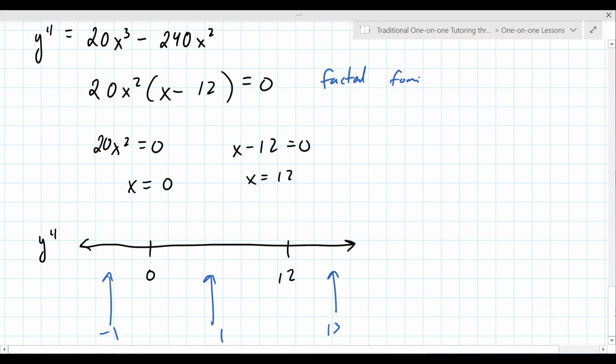So notice these are potentially substantially longer. X squared is always positive, so it's just based on the sign inside here. So this one is plus, this one is minus, and this one is minus. So this right here is the only inflection point because it's the only one where it changes sign. Minus to minus is not a change of inflection. Plus to plus is not a change of inflection.